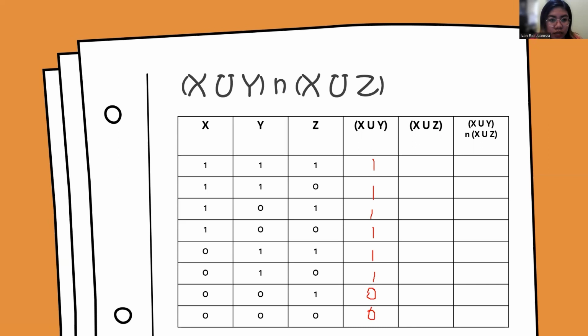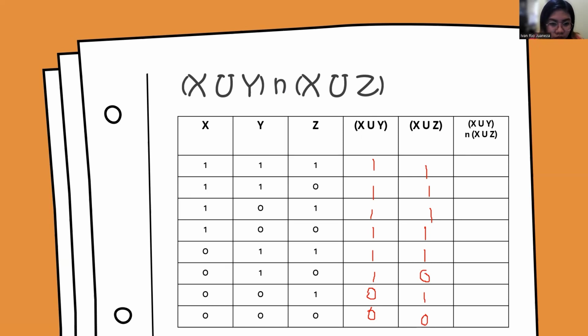Then for X union Z, 1, 1, 1, 1, 1, 0, 1, 0.